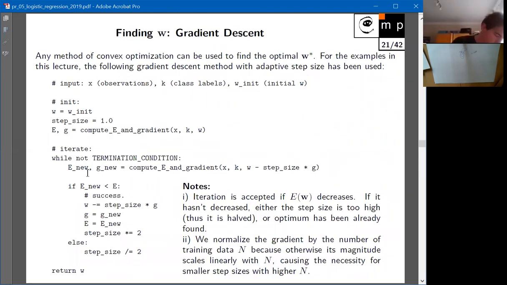Add the gradient to the current solution with some step size. If you improved, good, adopt it, and we have a new position and we increase the step size. If we have not improved, we reduce the step size. One thing which is sure, up to numerical issues, is that when we are not at the place where the gradient is zero, there will exist a step size small enough for which we improve our energy in the gradient descent. Trivial method.